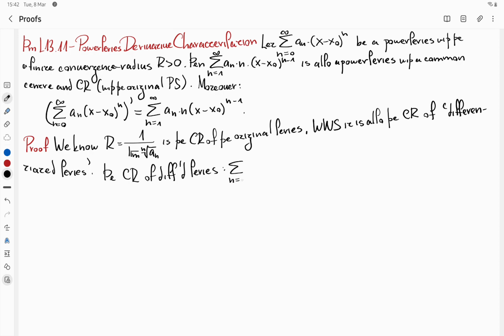That would be the series where we range from n equal to 1 to infinity of a_n times n times (x minus x_0) to the n minus 1, which is equal to, this is a mere algebraic manipulation, okay? So this is an equivalence operation, because we have that x is not equal to x_0, so we're not dividing by 0, so we're fine.